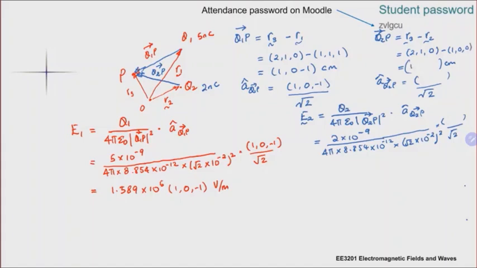So this will be (1, 1, 0), and the unit vector is (1, 1, 0) over root 2. And this should give you 6.355 times 10 to the 4 times (1, 1, 0).